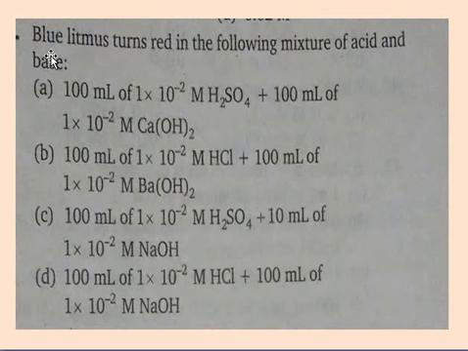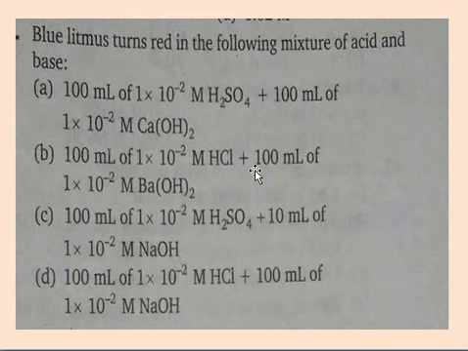Blue color is for basic medium and red color for acidic medium. If blue litmus turns red, the basic condition changes to acidic. There are 4 options: A, 100 ml of 1 into 10 raised to minus 2 molar H2SO4 plus 100 ml of 1 into 10 raised to minus 2 molar calcium hydroxide.